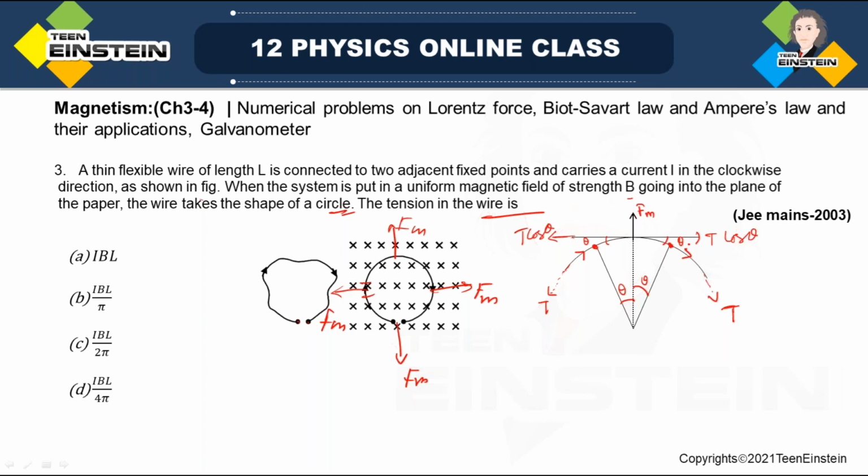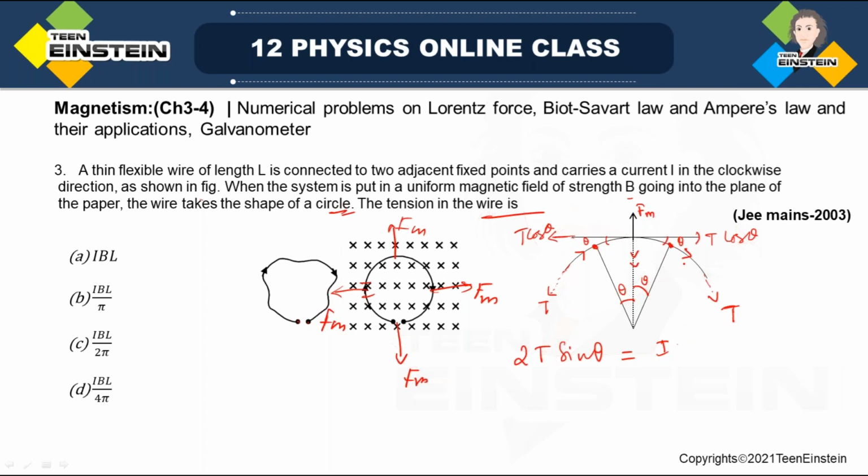So the cos theta components will cancel each other, but the sin theta components will add to balance this magnetic force. So we can write 2T sin theta, which is equal to Fm, the magnetic force.